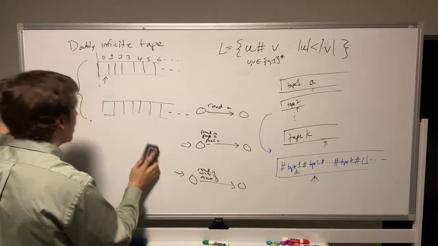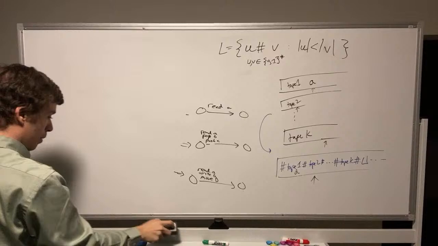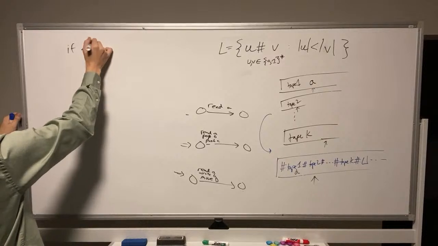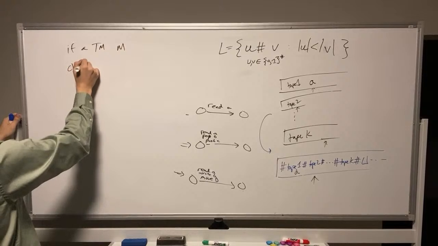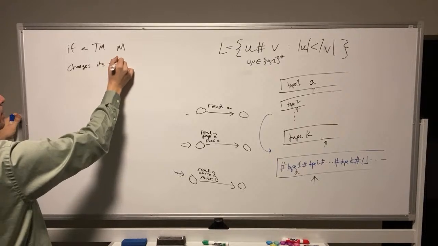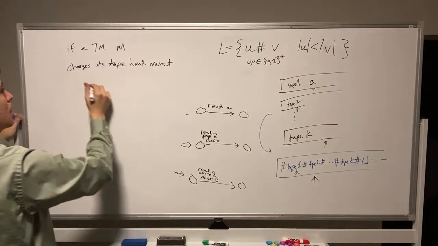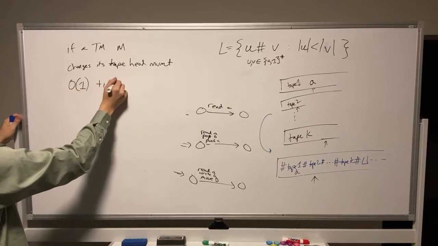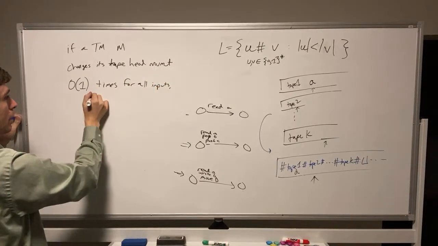So this is a pretty advanced result. If a Turing machine changes its tape head movement direction a constant number of times for all inputs, its language is regular.